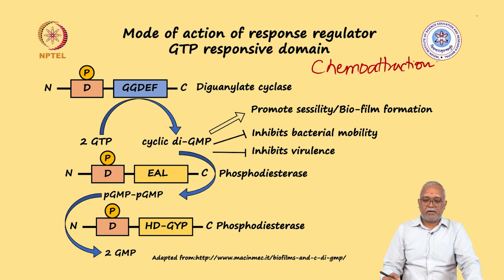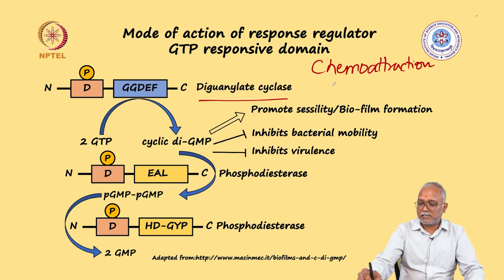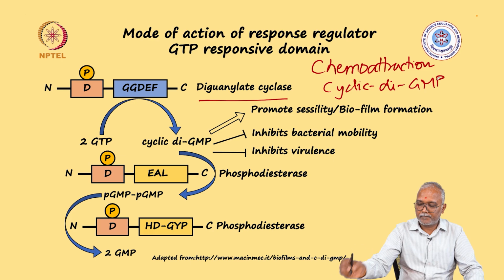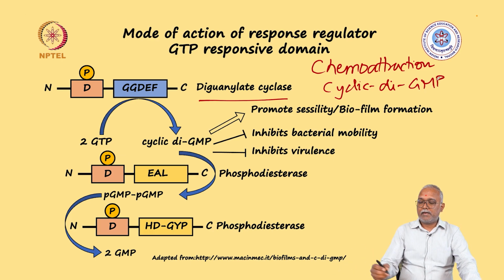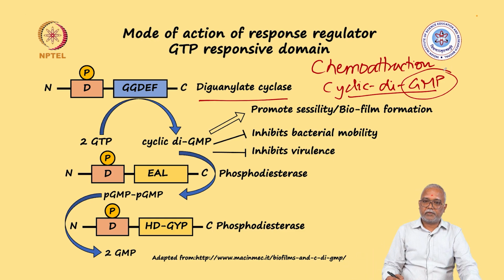Here we will take the example of how bacteria sense the presence of a molecule which is called cyclic di-GMP. And this name itself suggests what the origin of this molecule will be.